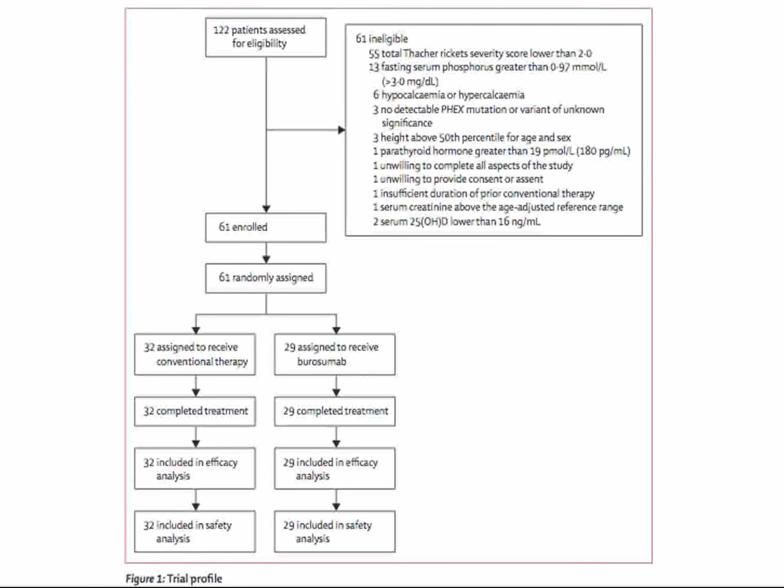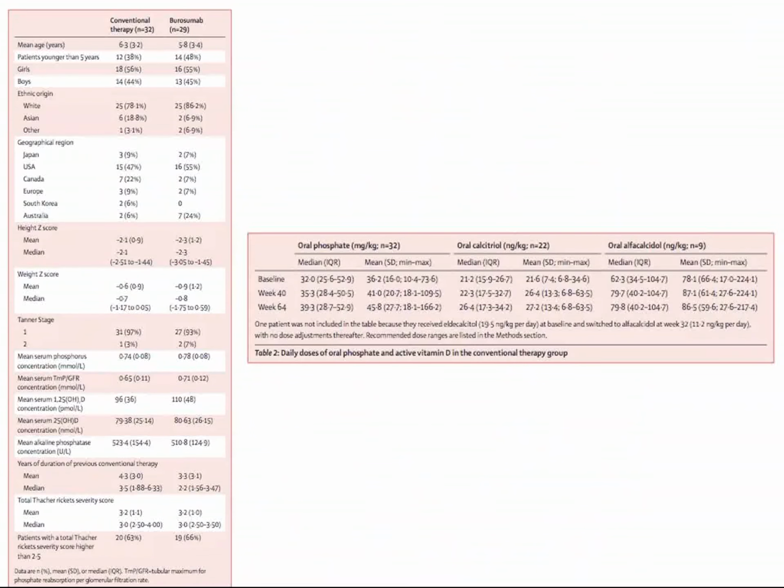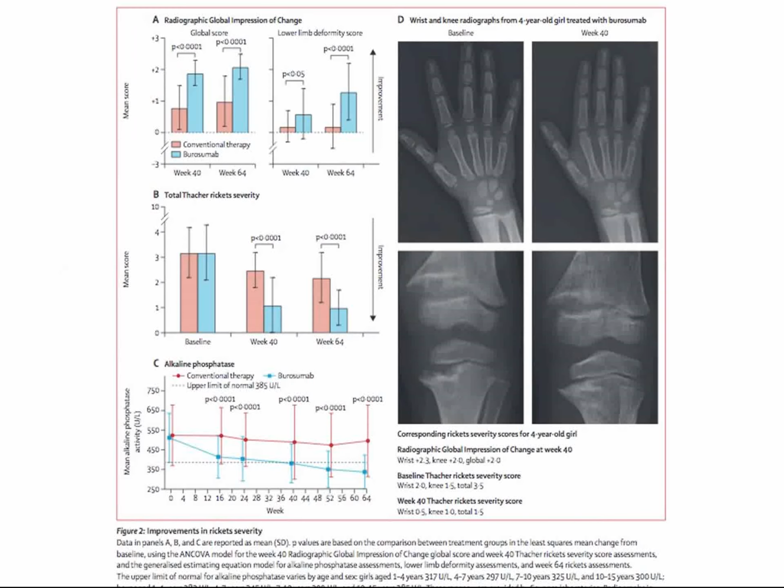And so this is, thank goodness, not a very common disease, but there were over 120 children that were randomized here, and they're from countries all over the world, and their phosphate levels are, as you can imagine, low, and they're generally treated with calcitriol and vitamin D formulations and sodium phosphate solutions and things of this nature. And what we see here is that the patients with this antibody against FGF23, burosumab, they did better.